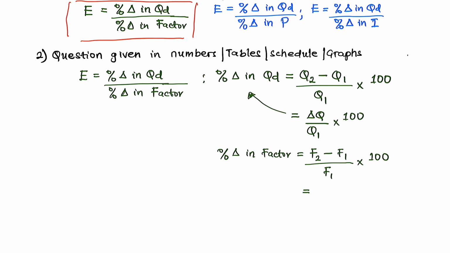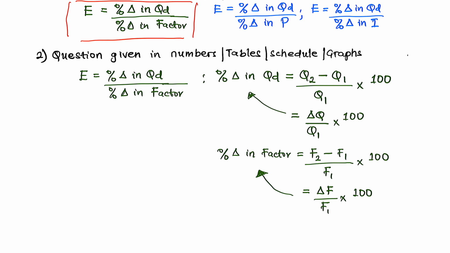That is equal to change in the factor divided by the old factor value multiplied by 100. This is a breakdown of this formula.